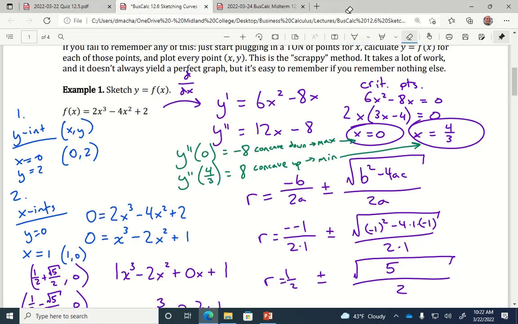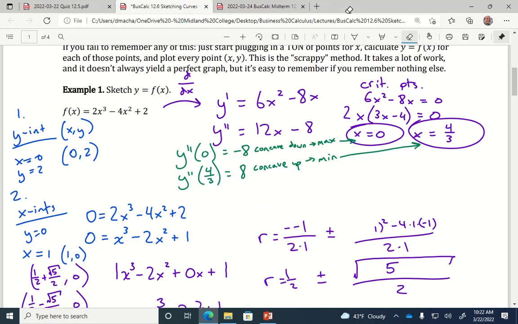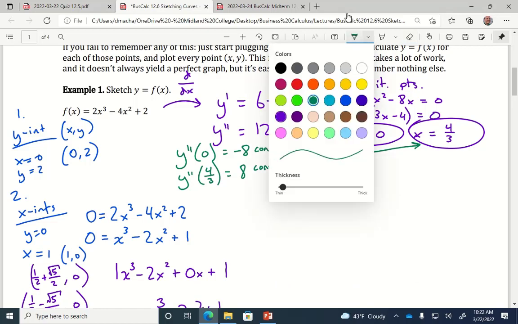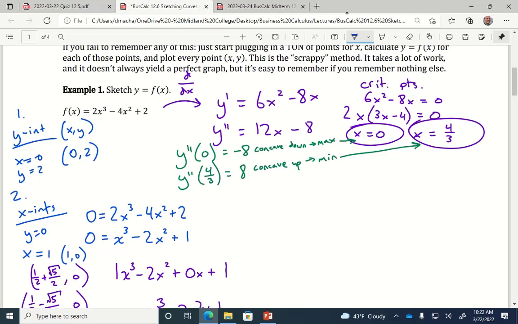The next thing I want to do, since I know the x value of my maximum and minimum, is I want to know the y value of my maximum and minimum. If you have an x value and you want to calculate the y value, that's really easy. In fact, we've already done it for the case when x is equal to 0, because when x is equal to 0, y is 2. So not only is this the y-intercept, but it's also the maximum.